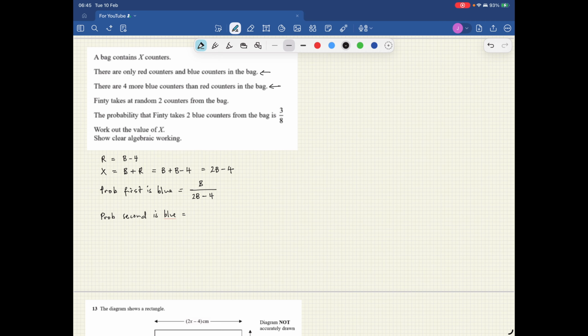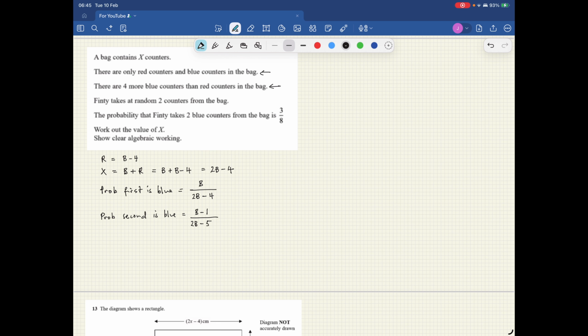Right, well, there's not B blue counters anymore. There's B minus 1. And there's not also 2B minus 4 counters left in the bag. There's 2B minus 4 minus 1 because you've taken one out. So that's 2B minus 5. So you've got those two probabilities.